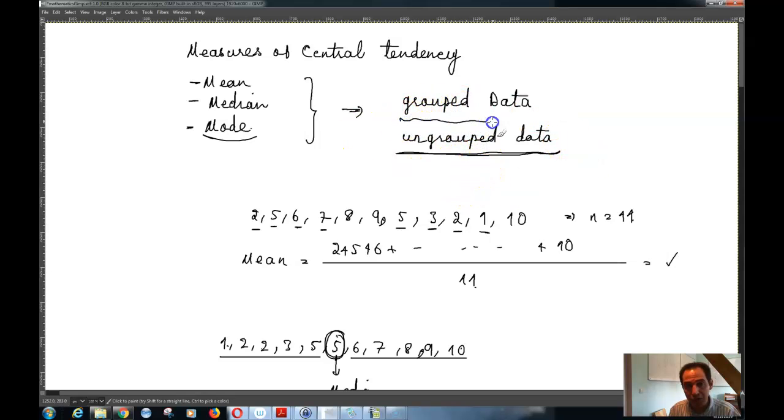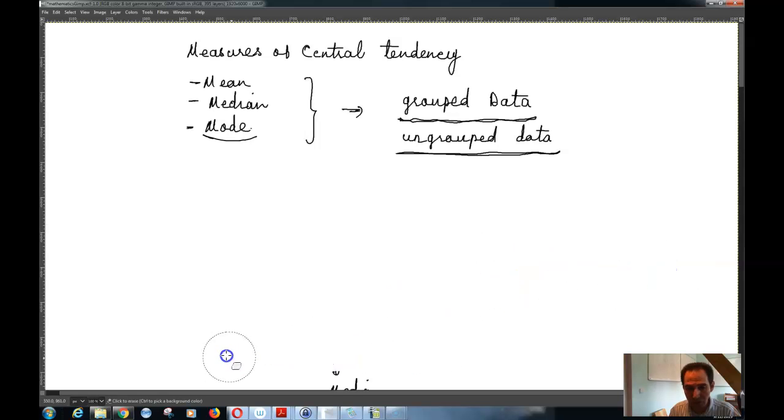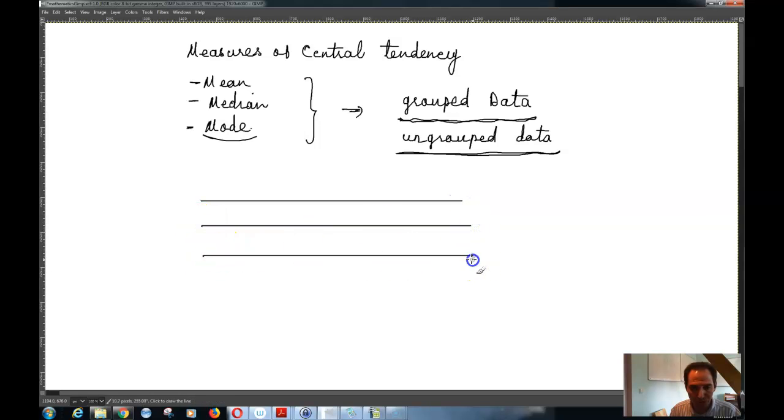And then when it comes to grouped data, for example when you have some example like the 60 numbers that we wrote in the previous video, we defined all of those class intervals.